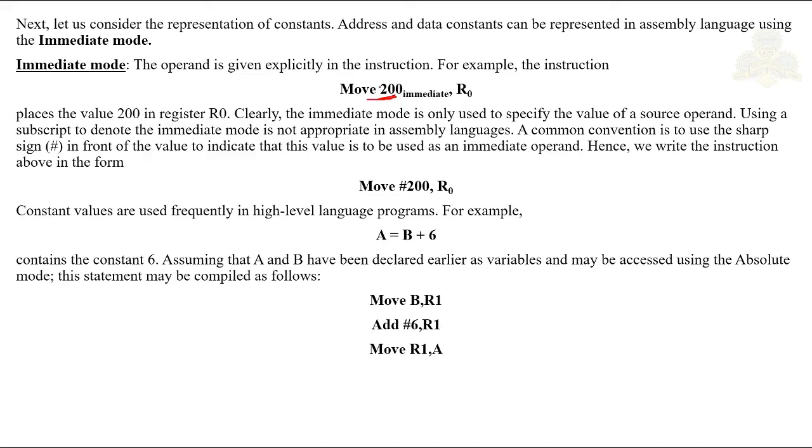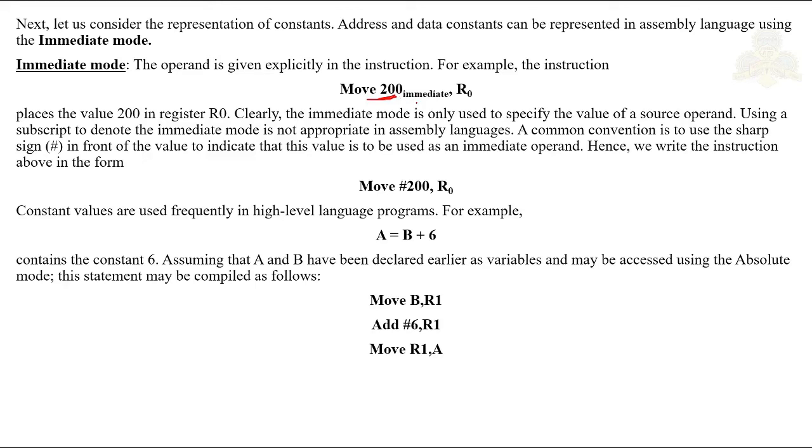So how can we write that? We write it this way: move 200 immediate comma R0. Now what it does is the value 200 will be placed in register R0. Getting it? Using this subscript is not appropriate in assembly languages.